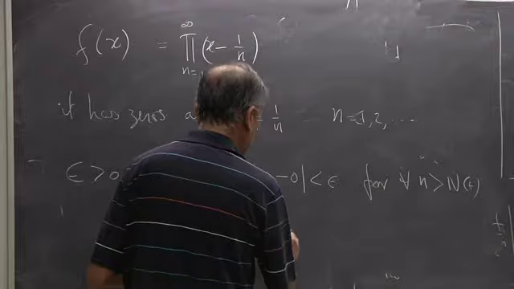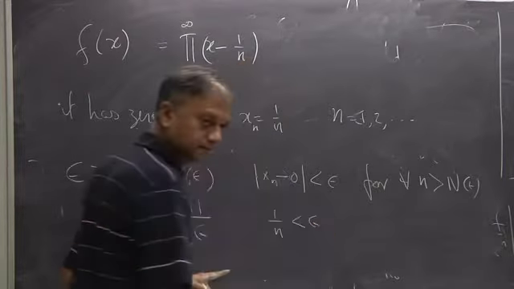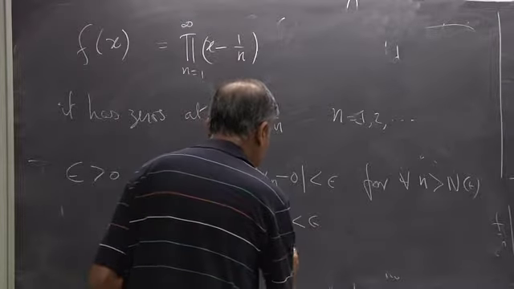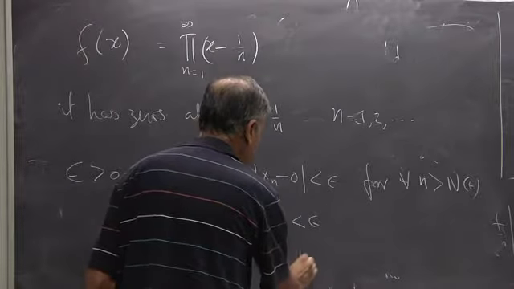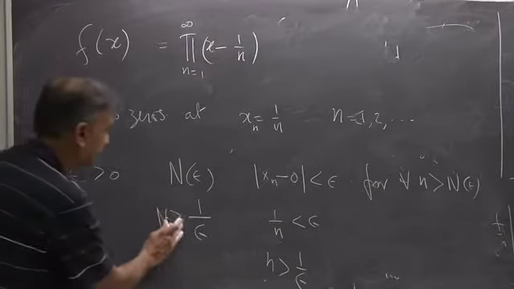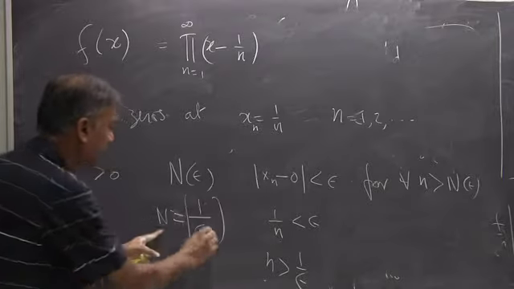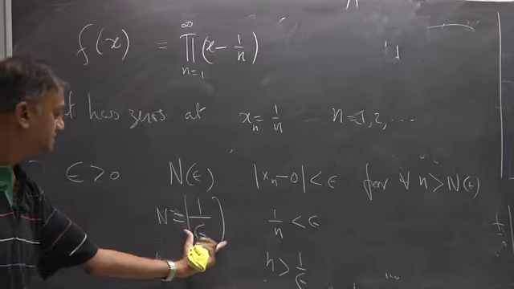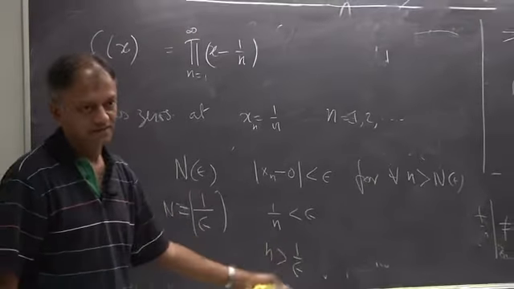This is 1 over n minus 0, so 1 over n should be less than epsilon, we are saying, right. I take it on the other side, so this is the same as multiplying by n and dividing by epsilon. So, we are saying n is greater than 1 over epsilon. So, if we just choose capital N equal to the integer part of 1 over epsilon, because capital N is an integer and epsilon is an arbitrary real number, and take any n greater than capital N, that is going to satisfy this condition.